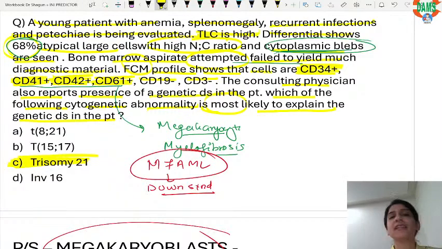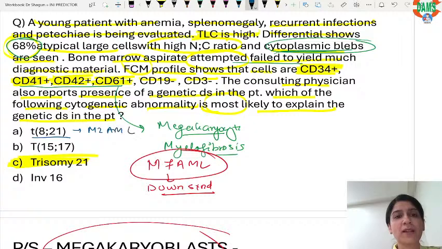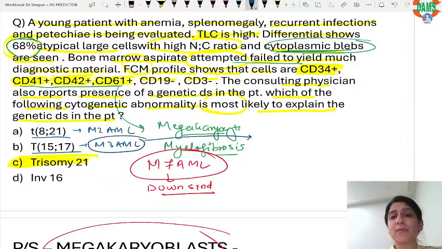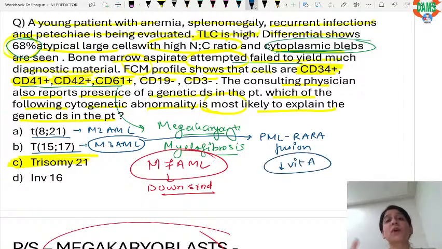Very good, I can see correct answers now. But if I look at the rest of the options, t(8;21) is seen in M2-AML. t(15;17) is seen in M3-AML, and you all know M3-AML shows what? PML-RARA fusion, right? Because of which you have decreased vitamin A activity in these patients, and that is why the treatment of choice is ATRA, all trans retinoic acid.